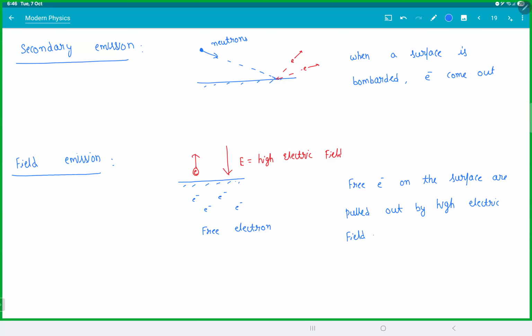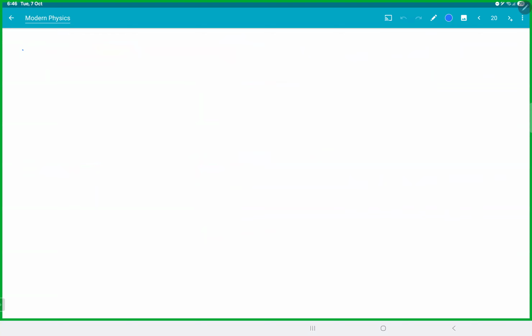Now, the most important thing for us, photoelectric effect. So what is photoelectric effect?